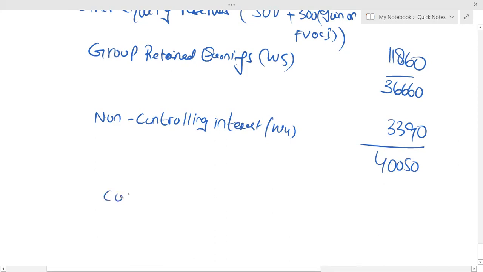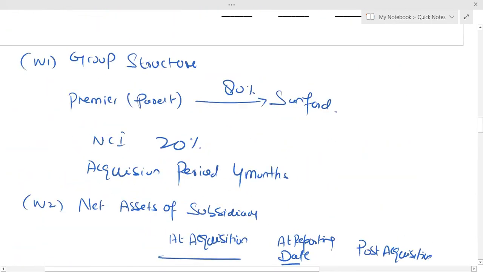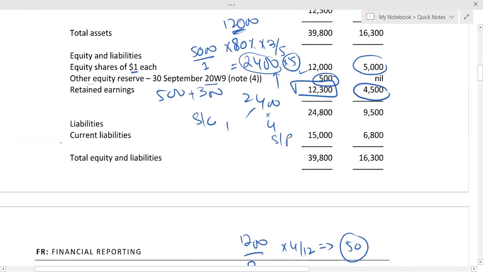In question, we do not have non-current liabilities, we have only current liabilities. So we'll take current liabilities of parent, which is 15,000. Current liabilities of subsidiary 6,800. Let me show you this. Parent 15,000, subsidiary 6,800 minus intra-group balance is 350.